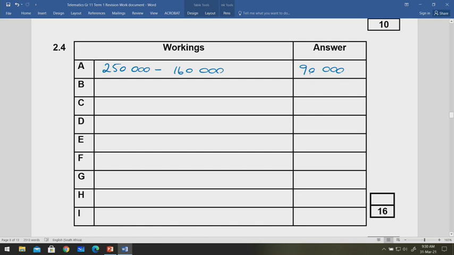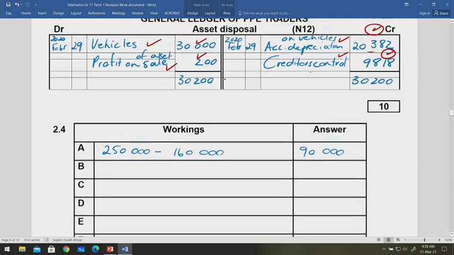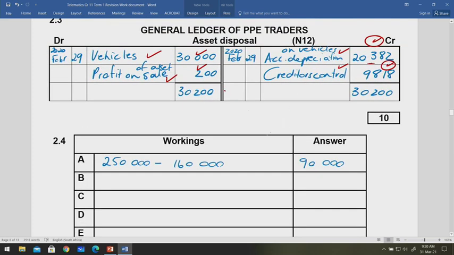Information B, the disposals at carrying value. Now we've done the asset disposal account, and we will find the carrying value of what we sold in the asset disposal account. The difference between the cost price and the total accumulated depreciation.